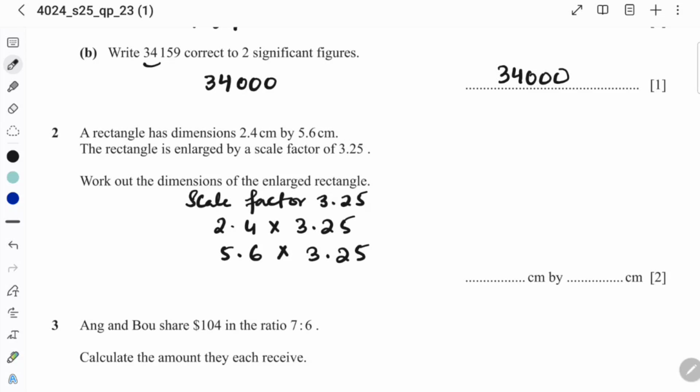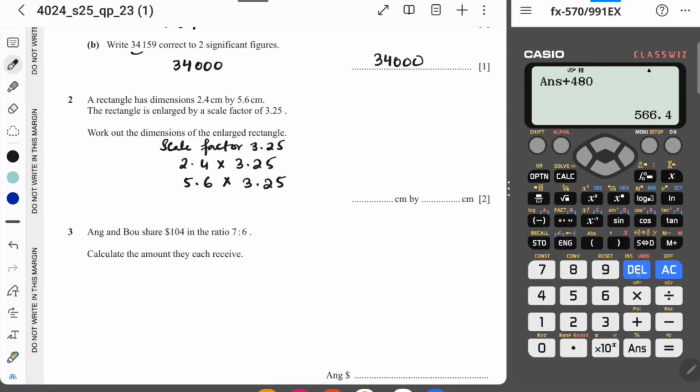Just use your calculator. 2.4 times 3.25 equals 7.8, and 5.6 times 3.25 equals 18.2. So it is enlarged by 3.25. These will be the new dimensions.